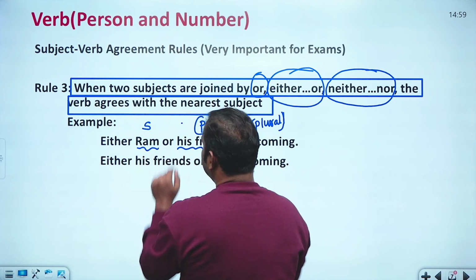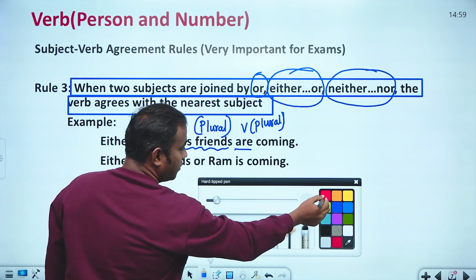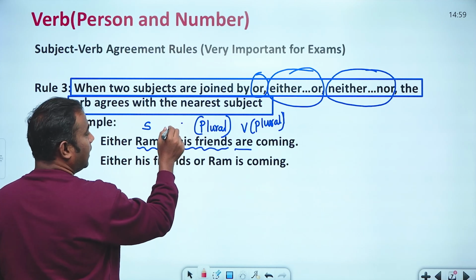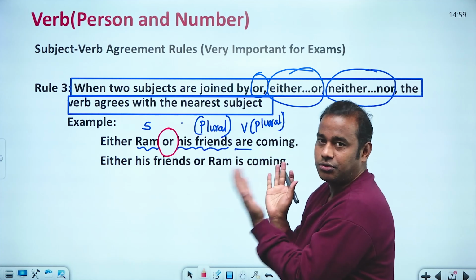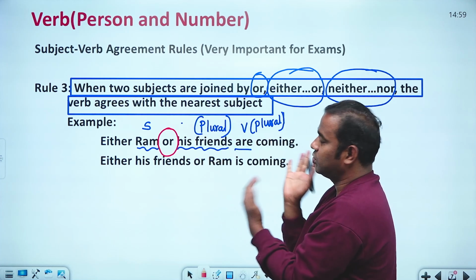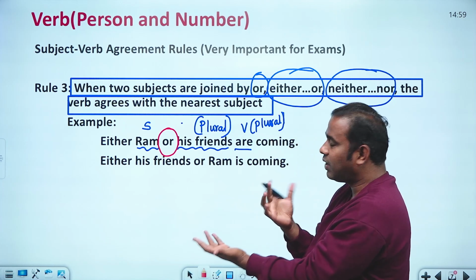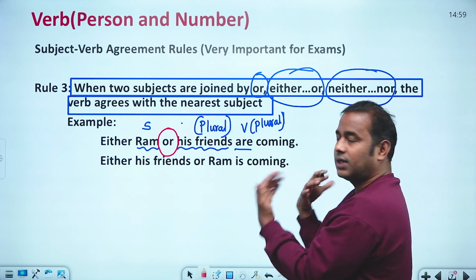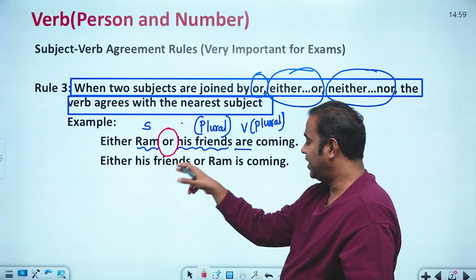Now what does this or do? The or basically will divide this sentence into two, this one and that one. Either this one or that one. Neither nor also does the same thing here.